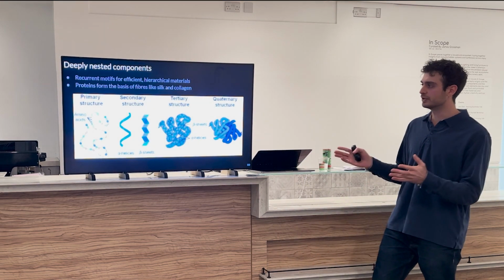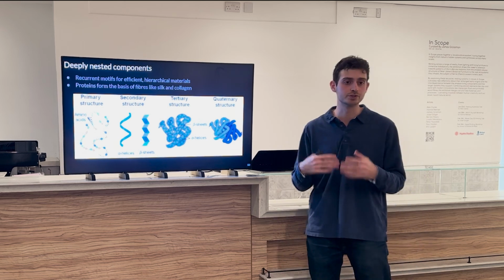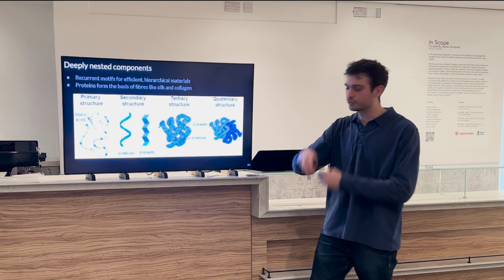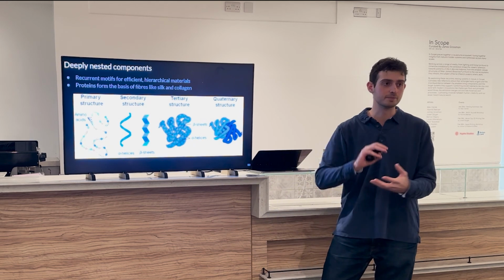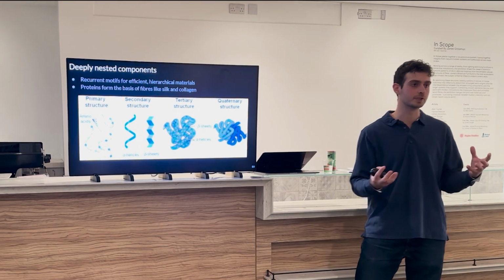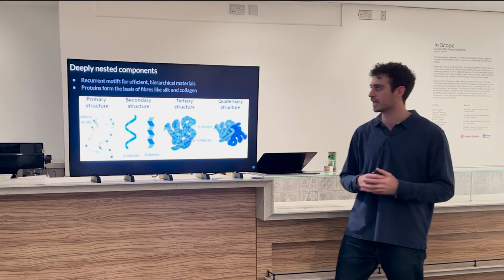To give you a really important example, proteins themselves are organized on 4 different levels of complexity. You take a string of amino acids, and it will fold into helices, and then also sheets, and then those themselves will fold into this 3D structure. And then proteins can also, like building blocks, stick together into complexes on a quaternary structural scale.